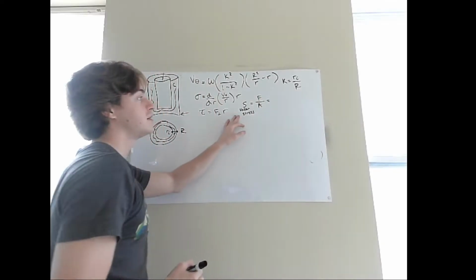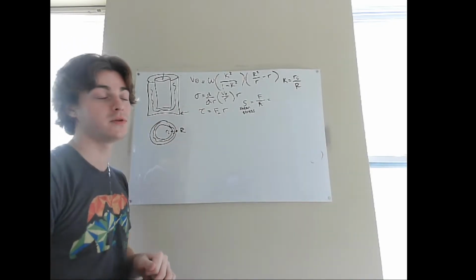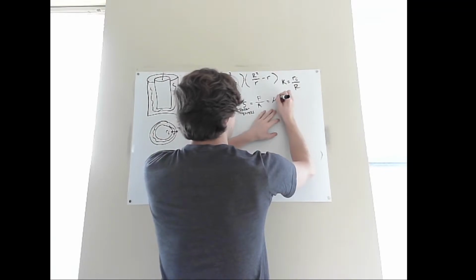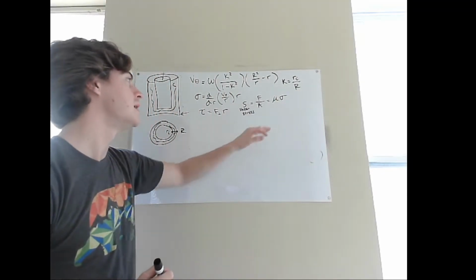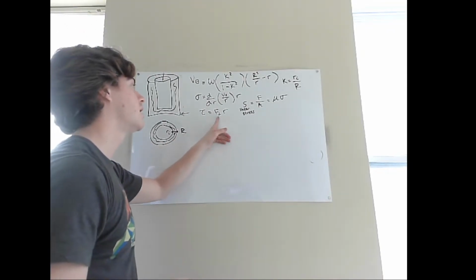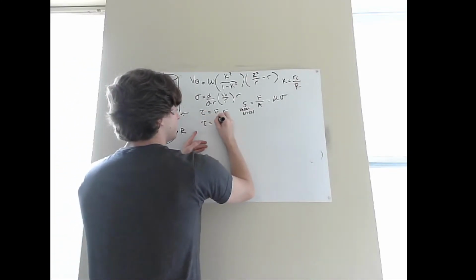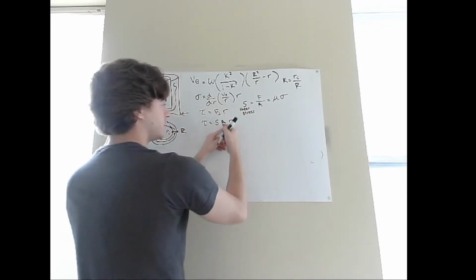If we're working with a Newtonian fluid, which in this case we're assuming, shear stress can be represented by the viscosity of the liquid times the shear rate. We're first going to be using this definition and plugging that in for our force. So our new torque equation is going to be the shear stress times our area times the radius.